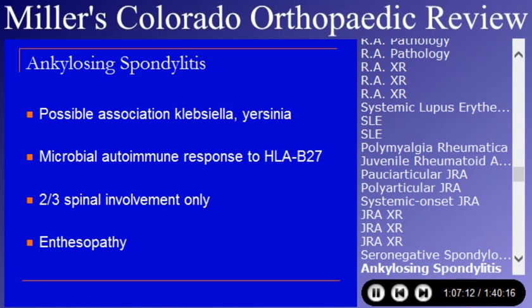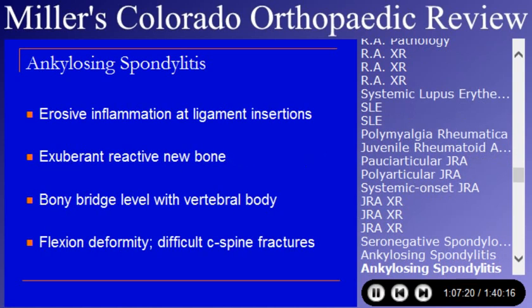Enthesopathies, or inflammations at tendon and ligament insertions, are commonly associated with the seronegative spondyloarthropathies. They sometimes get exuberant reactive bone formation or even an erosion at ligament insertions.